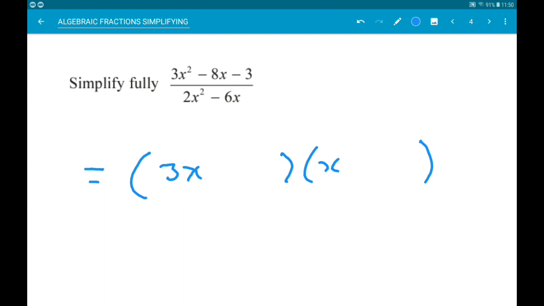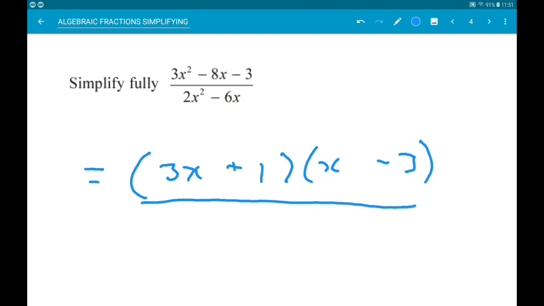So, luckily, not many things multiply together to give us 3. It's just 1 and 3. So if we stick a negative 3 there, that's going to multiply 3x and give us minus 9x. And then if we stick plus 1 there, that multiplies x, which gives us 1x, bringing us back up to minus 8x.